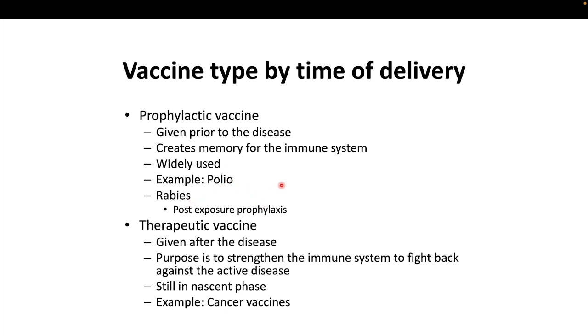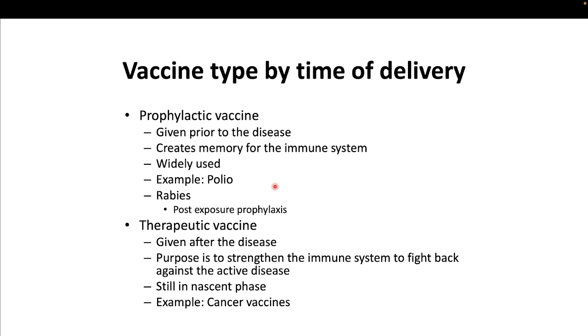So what happens is, when you get bitten by a rabid animal, the pathogen takes time to travel from the site of bite to the nervous system. So in this interval, if you introduce a particular vaccine, that could prevent the rabies from spreading.